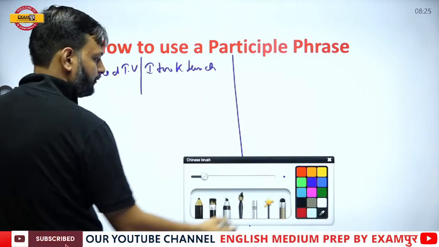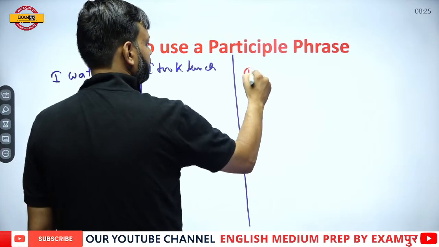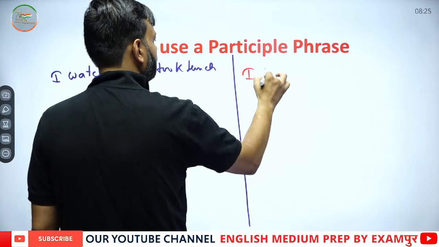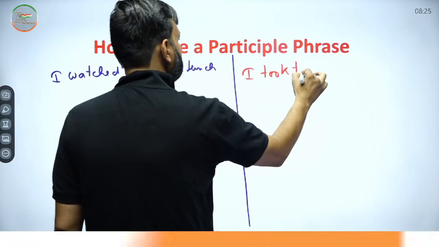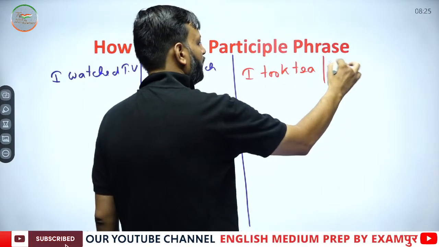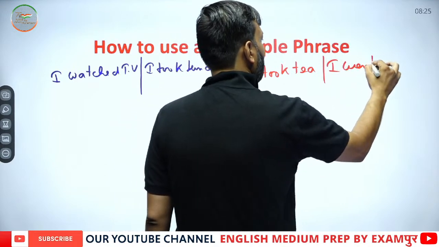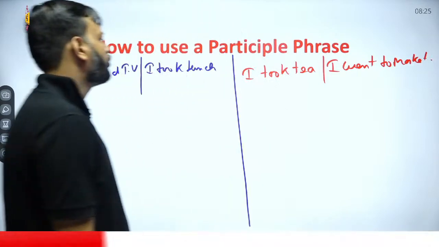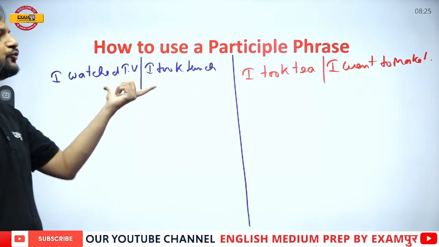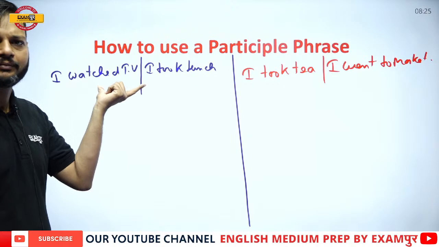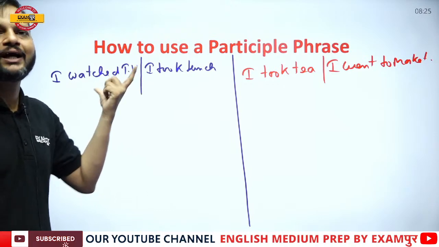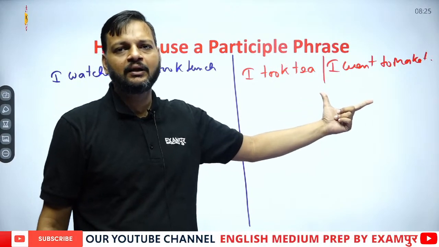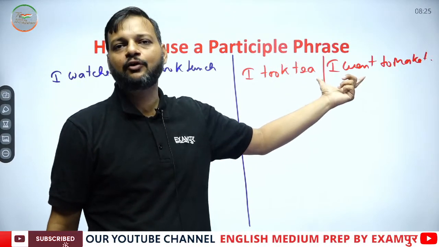And I took tea, I went to market. As I have already told you, the first two sentences require a present participle because both the actions are simultaneous, and these two sentences require a perfect participle because actions are not simultaneous.